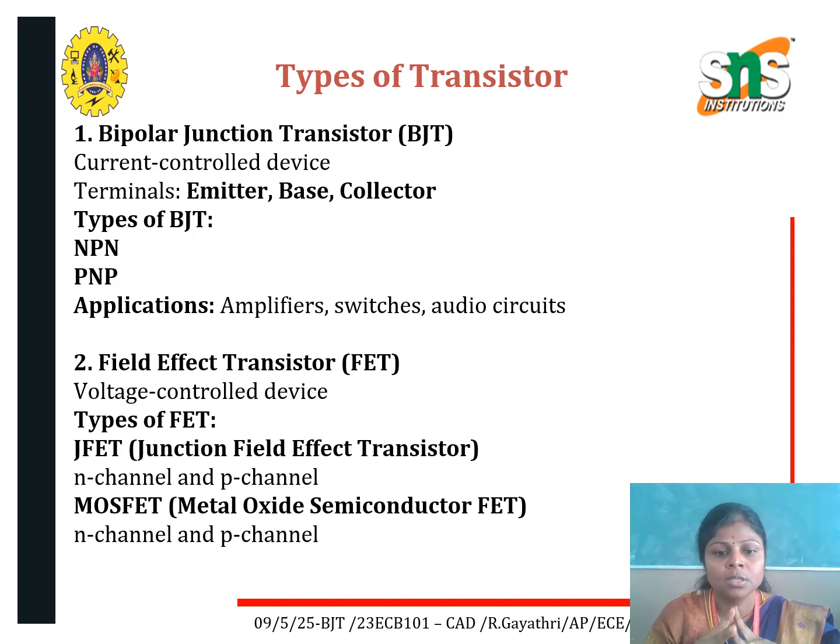Then the metal oxide semiconductor field effect transistor has two modes, which are depletion mode and enhancement mode. The depletion mode is classified into N channel and P channel. Enhancement mode is also classified into N channel and P channel. Same as the JFET, the MOSFET also has three terminals, which are source, drain and gate.